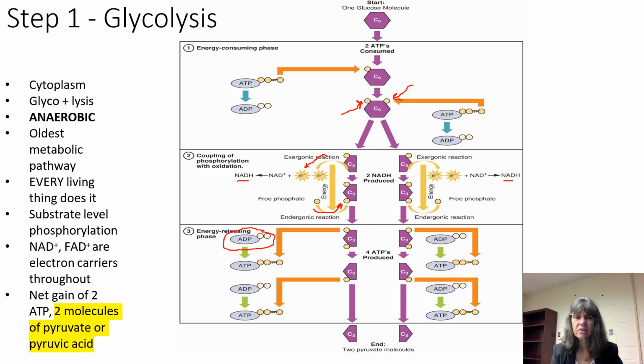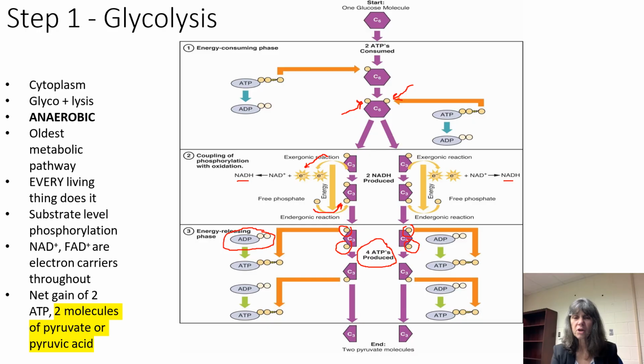So we've got 4 total, 1, 2, 3, and 4. So we can phosphorylate 4 adenosine diphosphate molecules and produce 4 molecules of adenosine triphosphate.